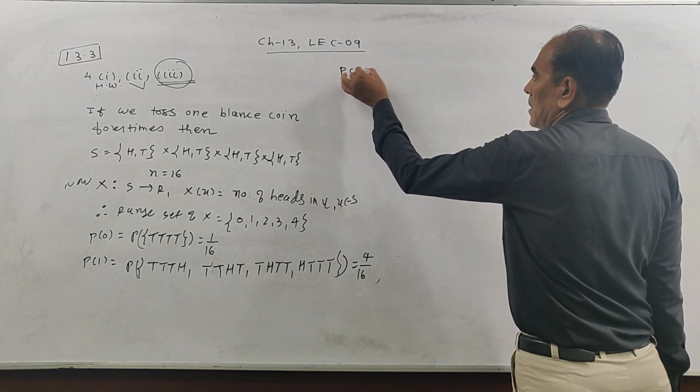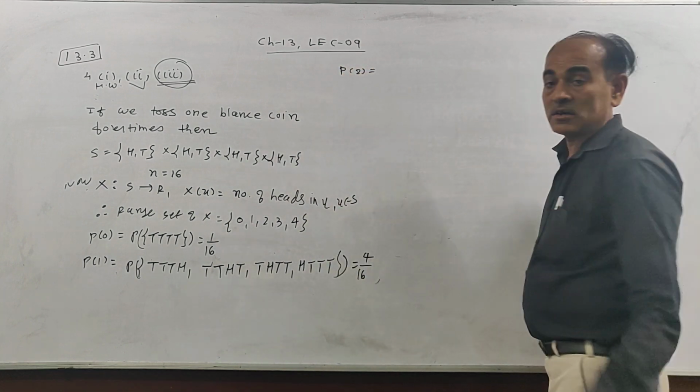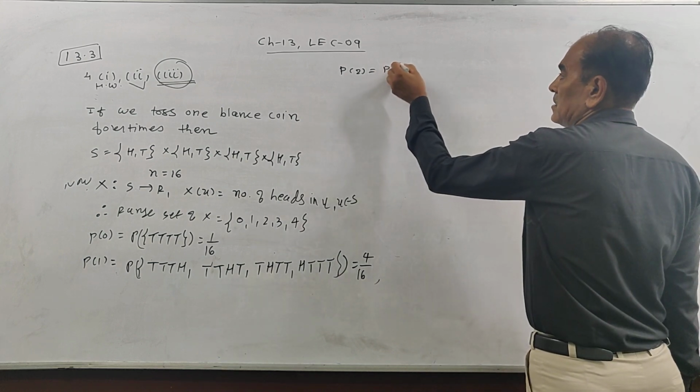Now let us say how many observations consist of 2 heads. See, a mistake is done here.